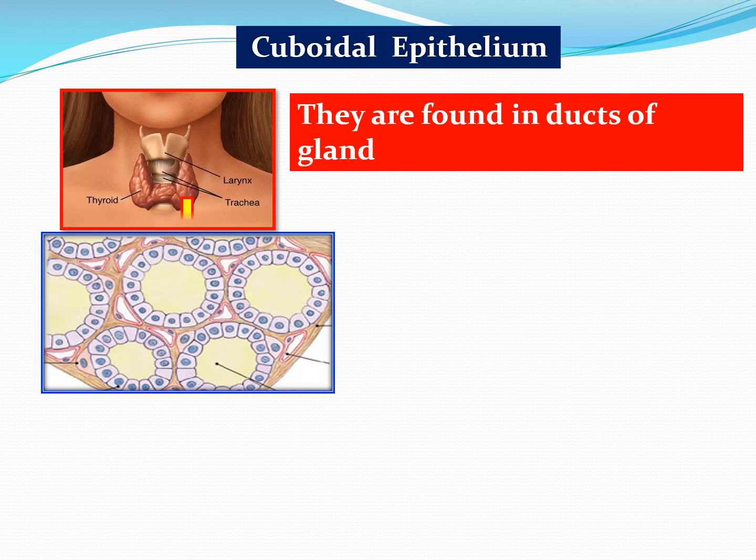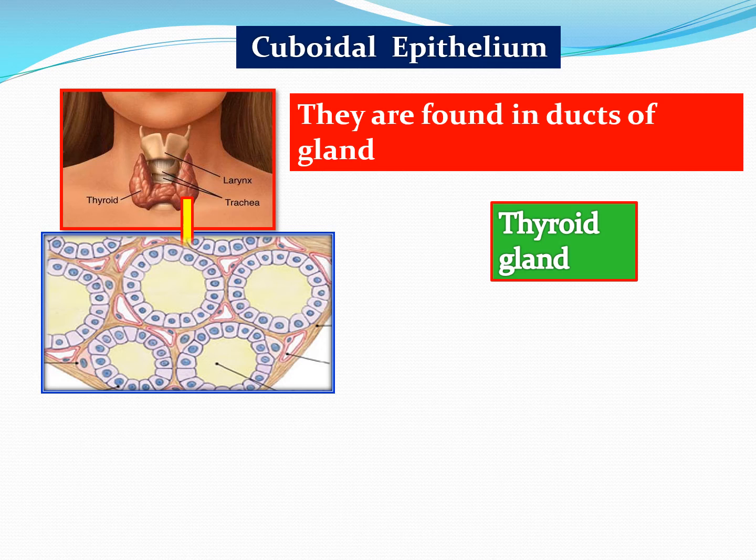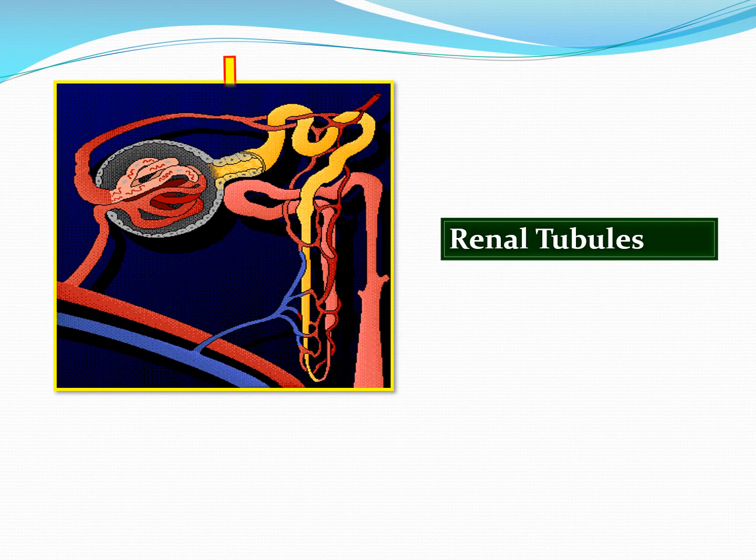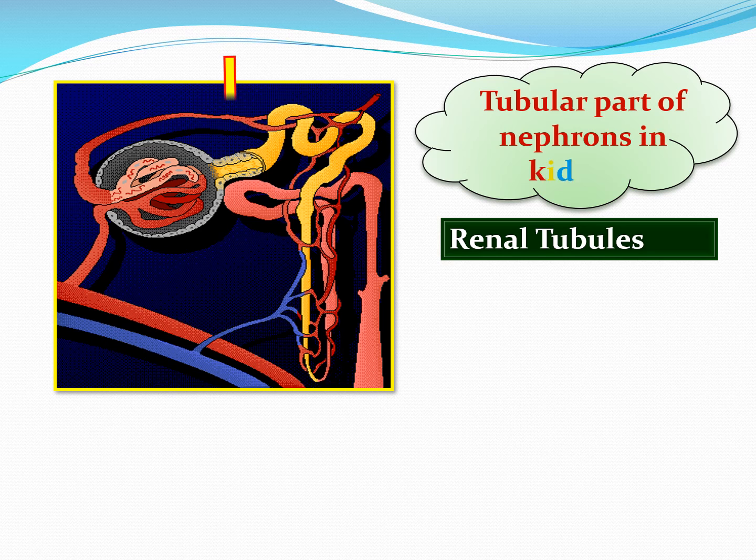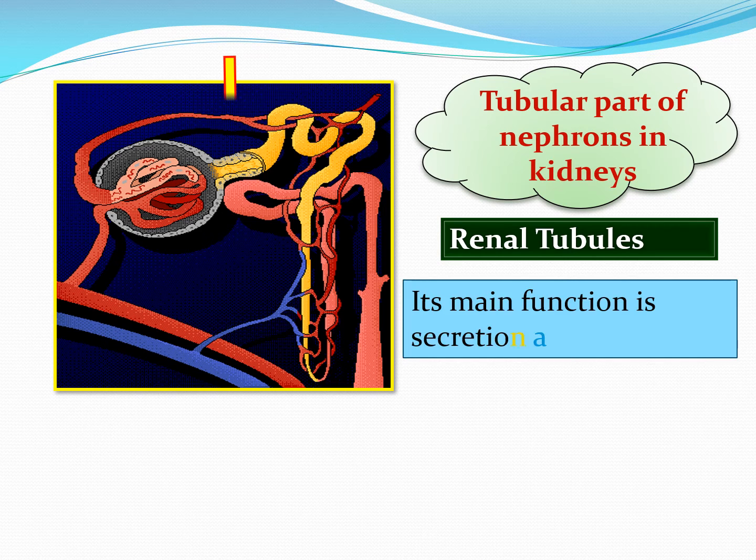These are found in ducts of glands like the thyroid gland, and is found in renal tubules, which is a tubular part of nephrons in kidneys. Its main function is secretion and absorption during urine formation.